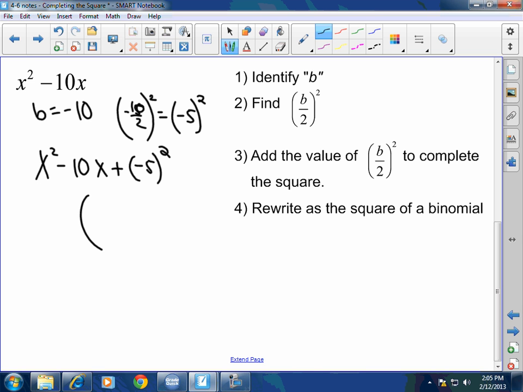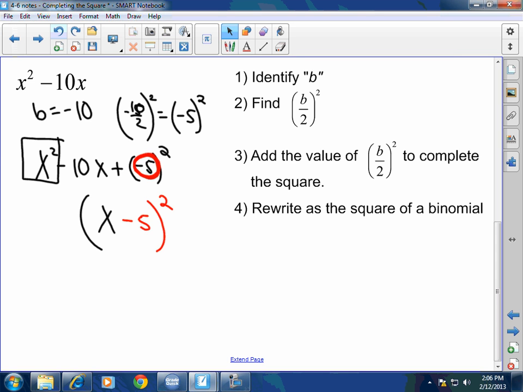Take the square root of the first term, which in this case is x, and then whatever is inside the parentheses, basically the value of b over 2, that's what you bring out here. And then you square the whole thing. And you're done. Now, I'll prove it to you.